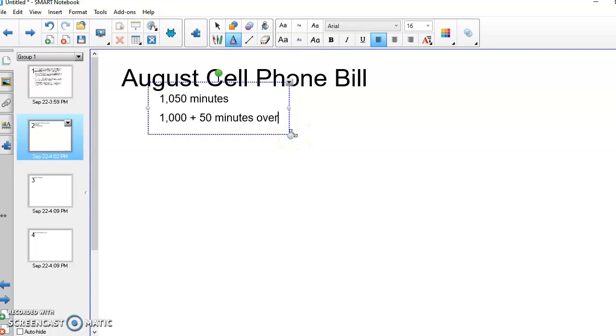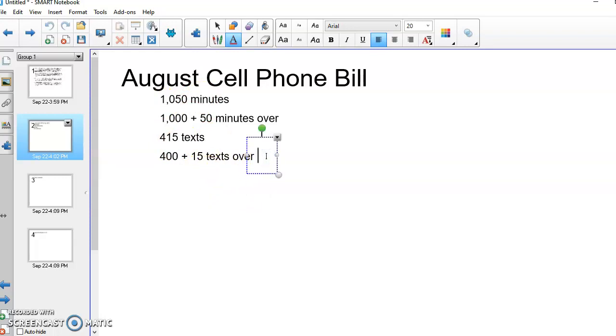So not too bad. We are allowed 400 texts. We used 415 texts. Not terrible. We're allowed 400, so we went over by 15 texts. All right, so hopefully this makes sense to you so far. This information is very helpful. So we need to come up with an expression that's going to show how much over we are.